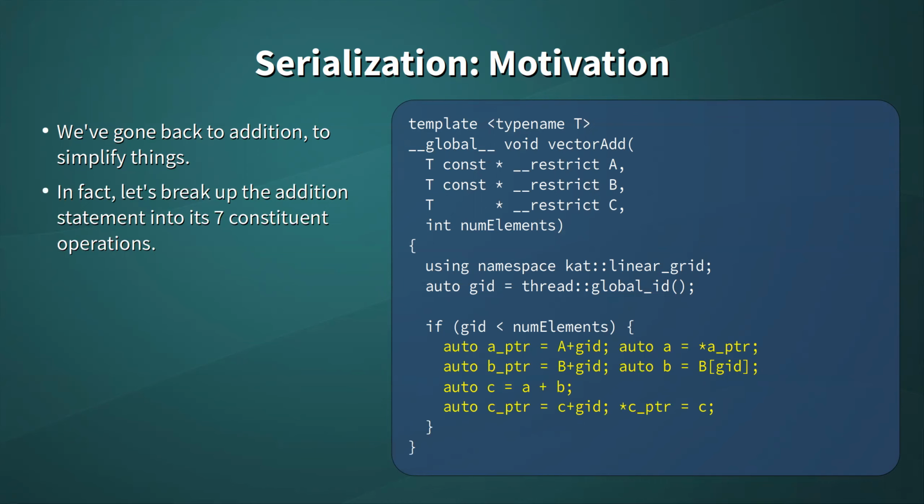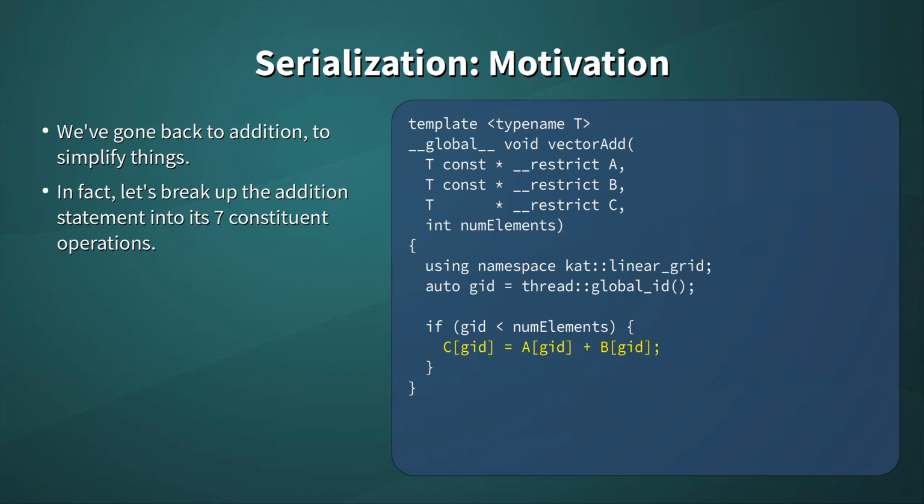Going back for a second, there is the indexing, which is 3 operations, and then we actually need to load the data from B and from A, and we add it up, and then we assign it.